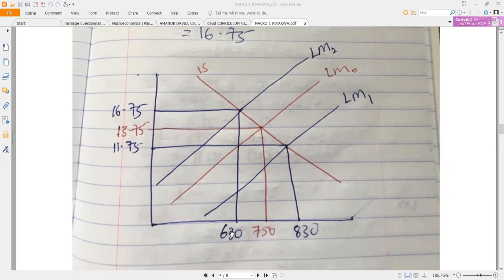You see, there was this part where you wrote the LM curve. What were we finding there? I was saying that r is equal to the LM curve, which is equal to this.